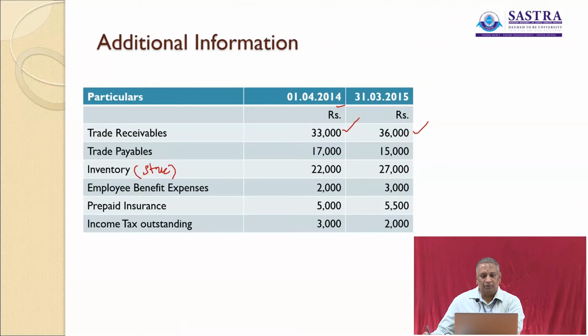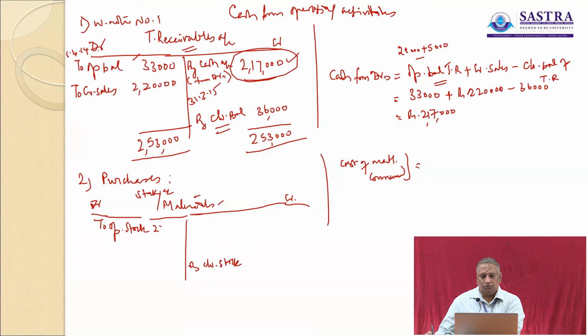So the opening stock given in the question, inventory is nothing but stock, is 22,000 and 27,000. So purchases is not given, which we have to calculate, which is missing. But materials consumed is given.